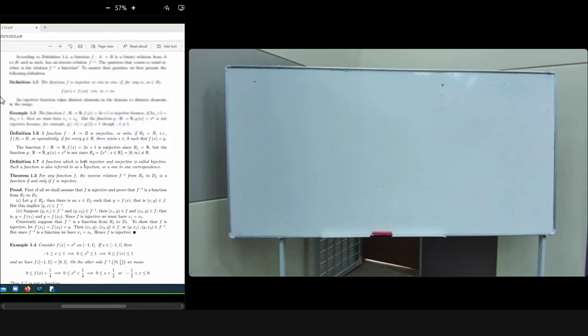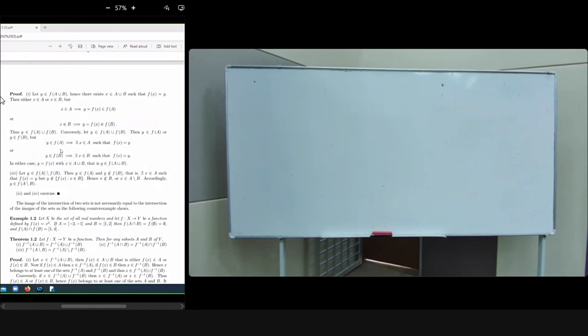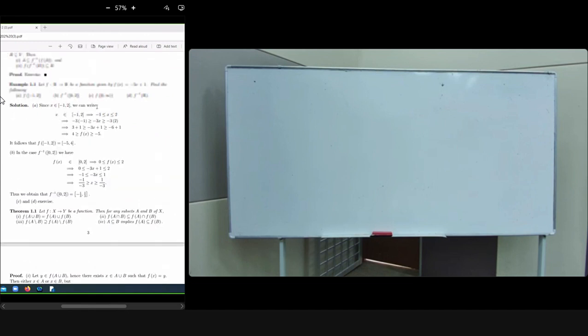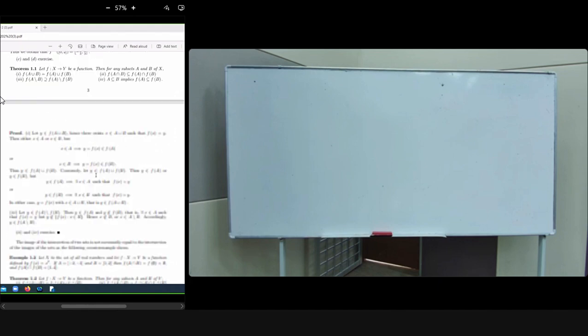So please, what does injectivity mean? What does bijectivity mean? And how to find, for example, f of A or f minus 1 of B in the example, when a function is given? So how to find it, two exercises.